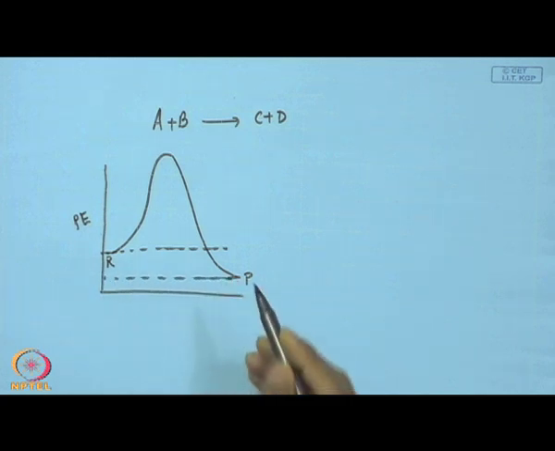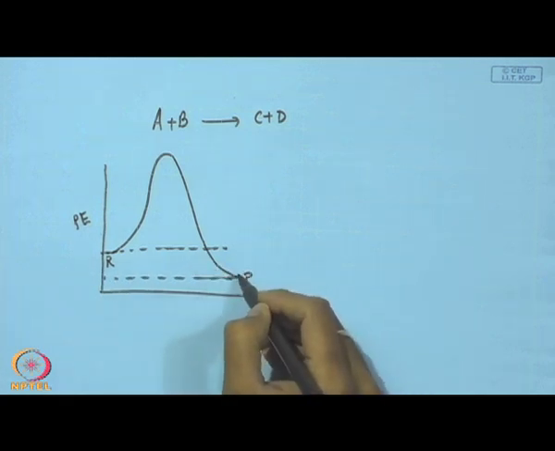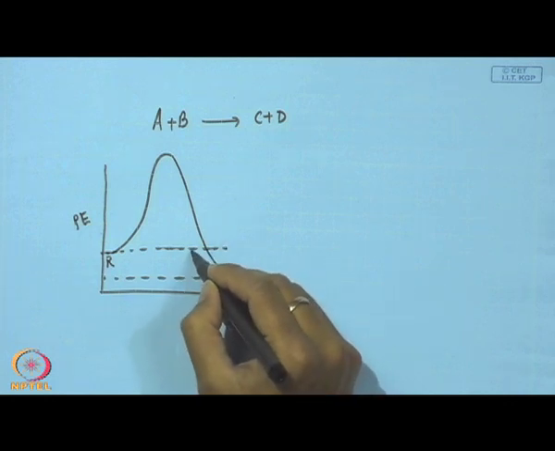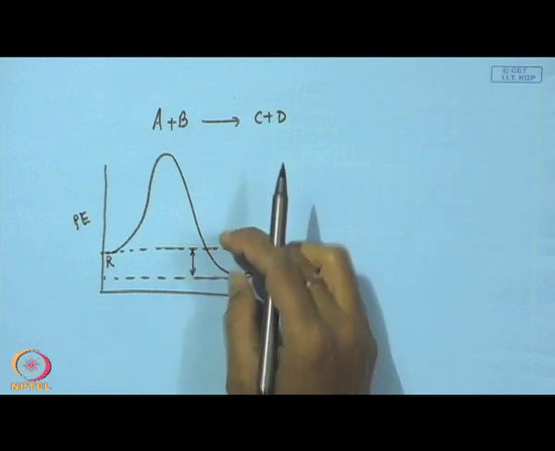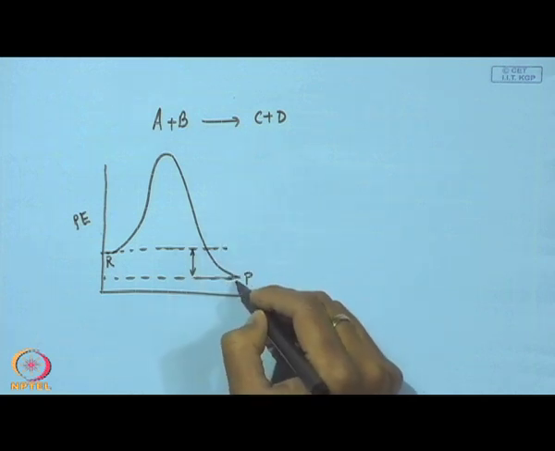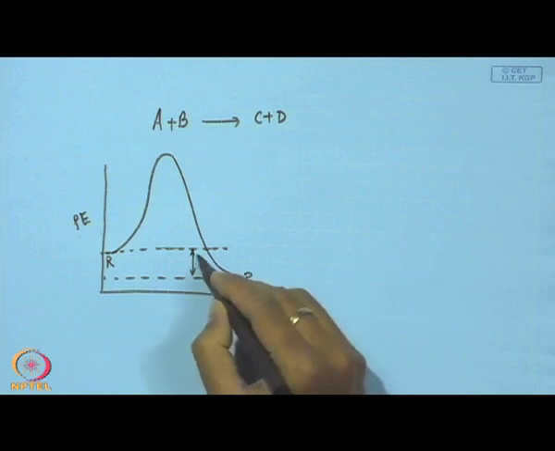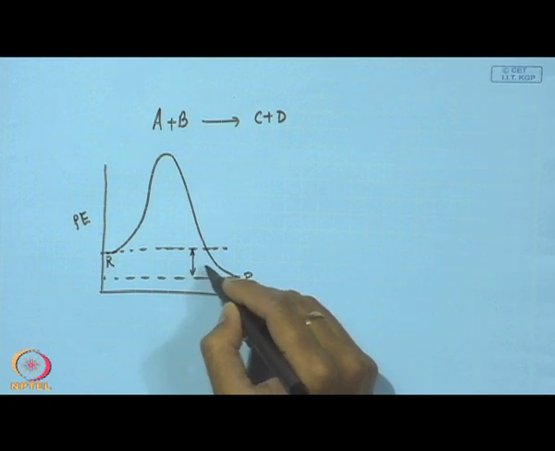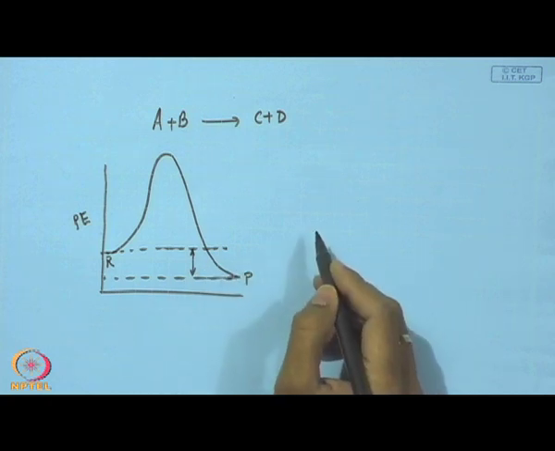You see that the product is lower in energy, that is why it is an exothermic process. It is giving out this excess amount of energy. You started with a high energy system and you are ending up in a low energy one, so because of this gap it is giving you this heat.